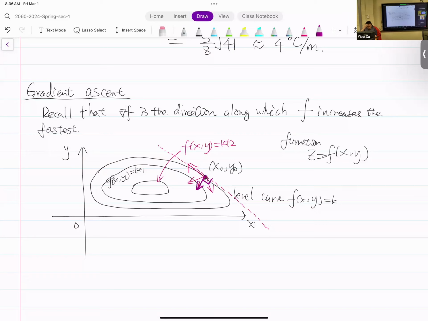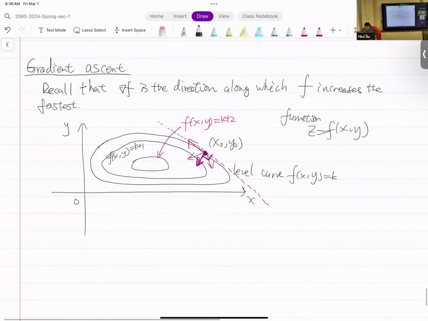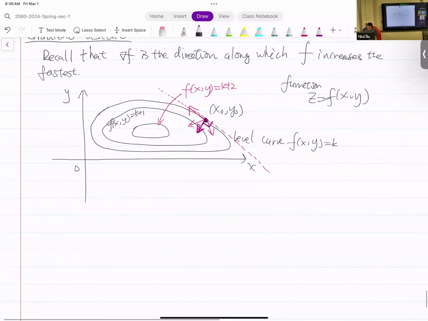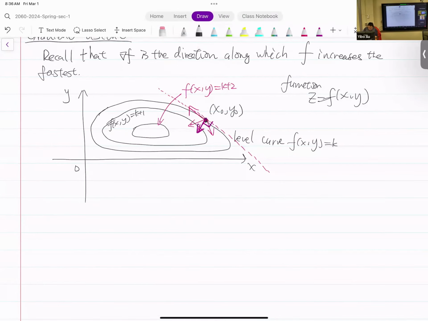Okay. So that's actually the direction that you are guaranteed to increase your functional value if you slightly walk along that direction. Okay, so to think about a better illustration, we can think about the graph. So we have three contour curves, right?